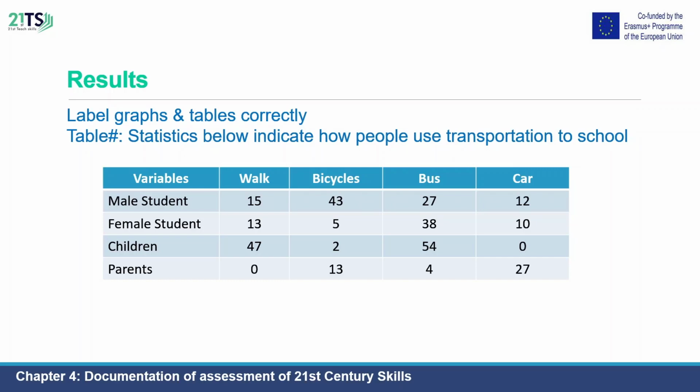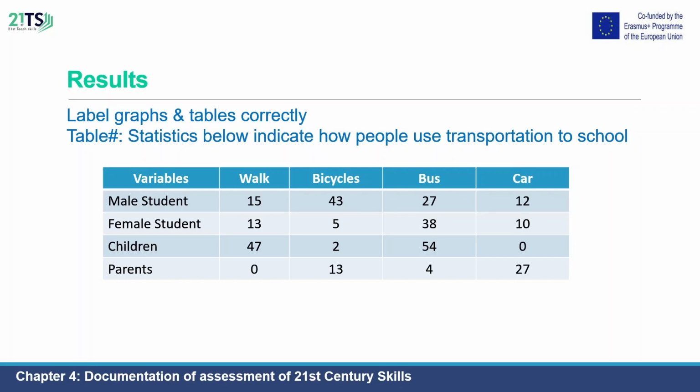The statistics below indicate how people use transportation to school. You can see the variables: male students, female students, children or parents who use transportation, or how they go to school. You can see the number of people who walk to school, use a bicycle, the bus, or the car.